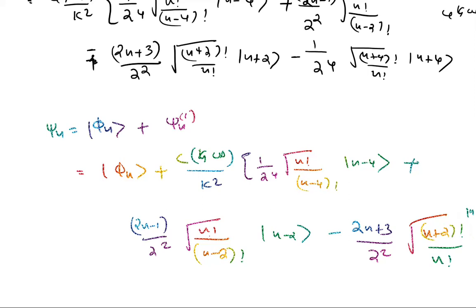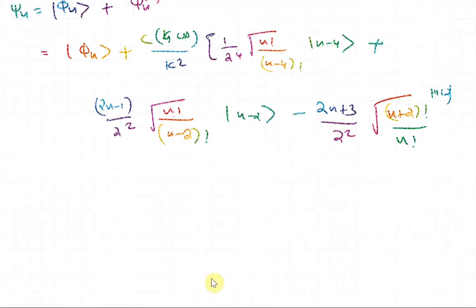And finally the last term, that is 1 by 2 raised to 4 root n plus 4 factorial divided by n factorial and the state n plus 4.